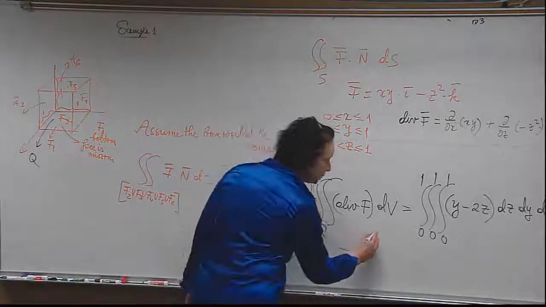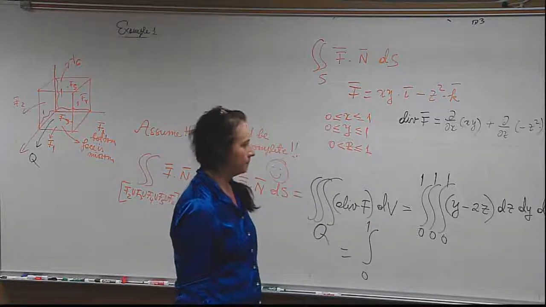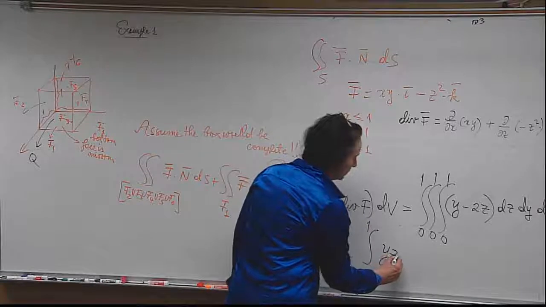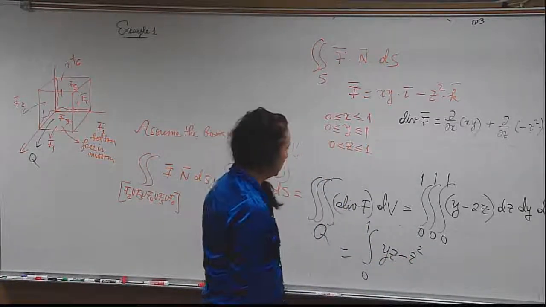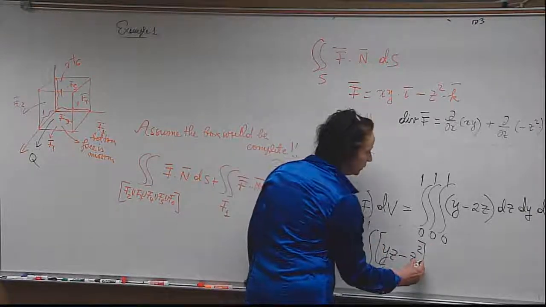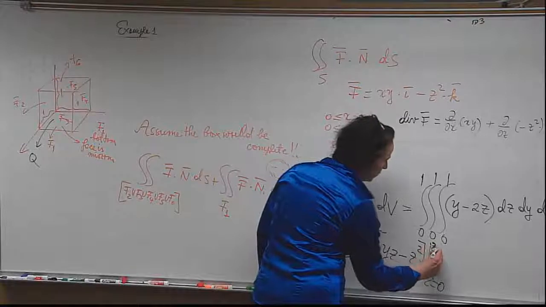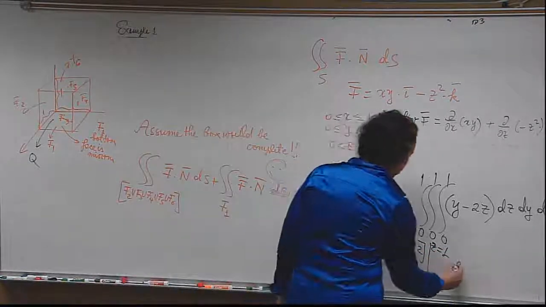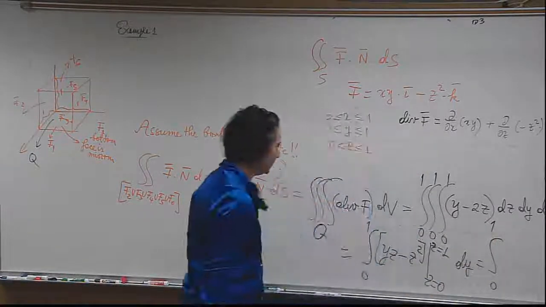When I integrate with respect to z, what do I get? yz minus z squared, well, not bad, between z equals 0 down and z equals 1 up, dy. So it's the integral from 0 to 1 of what?